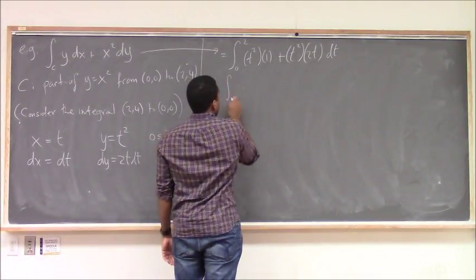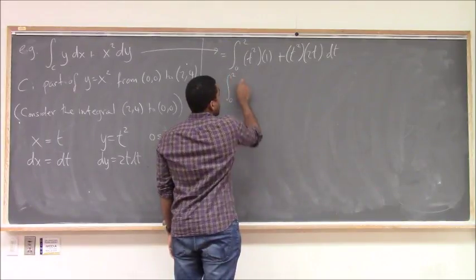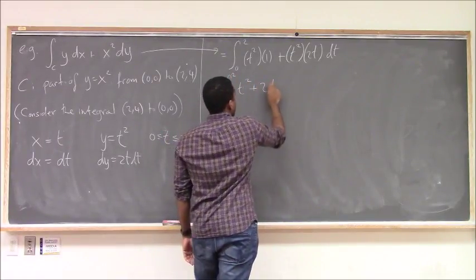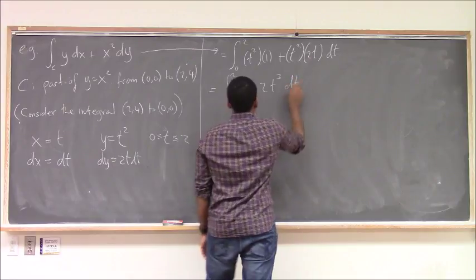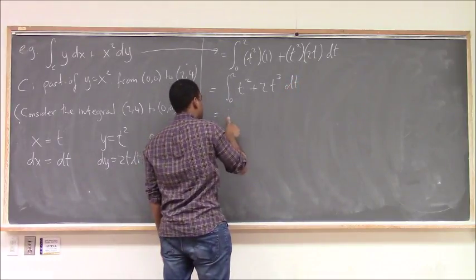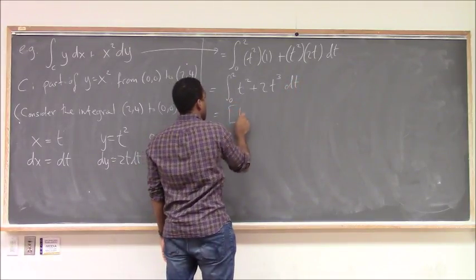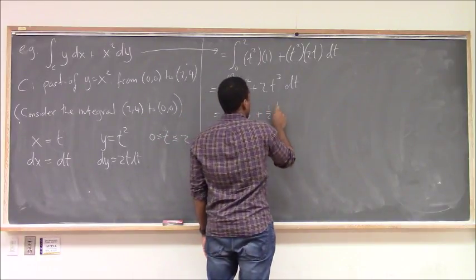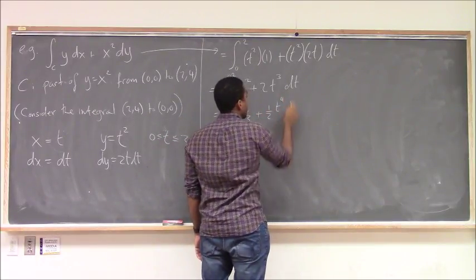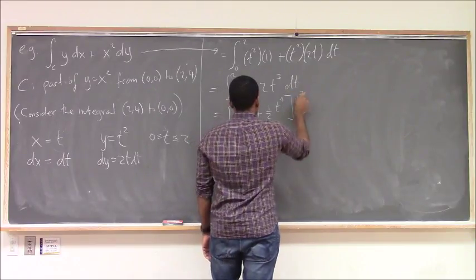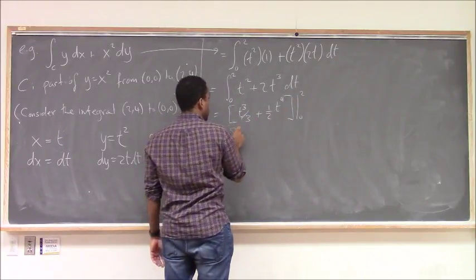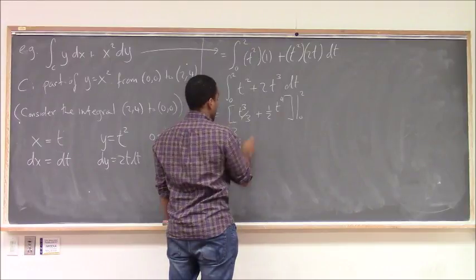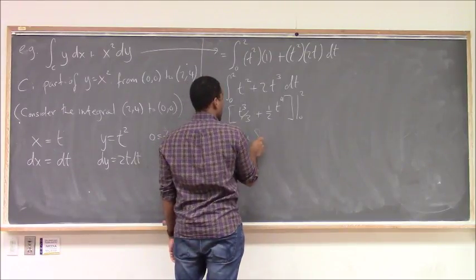So this would just be 0 to 2, t squared plus 2t cubed. We'll get 2, you get 8 over 3 plus 8.